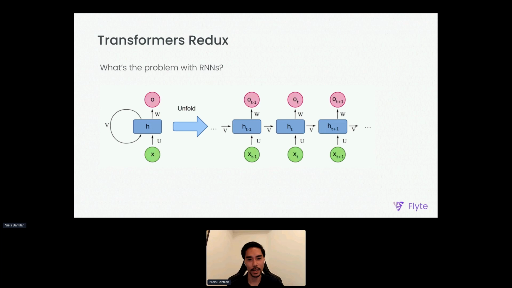Essentially, RNNs allow you to take in variable length inputs and produce variable length outputs, and they do this with the hidden layer here, which can be expanded. When you unfold this over time, you feed it inputs, and that determines its hidden state.